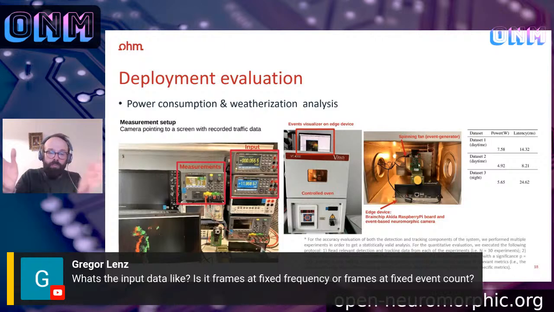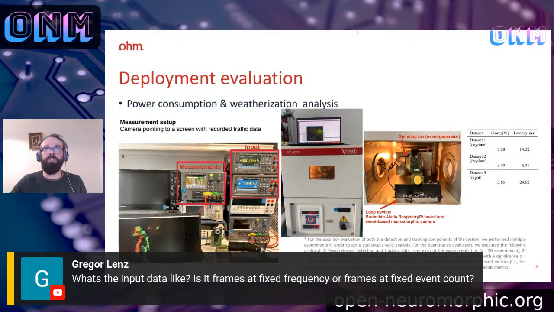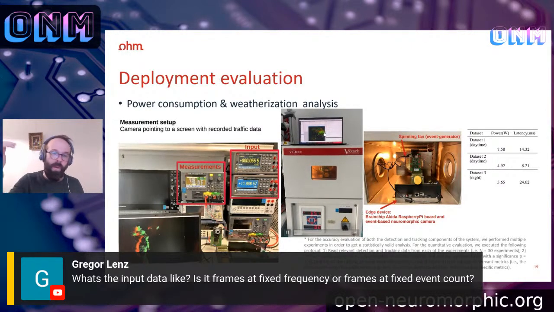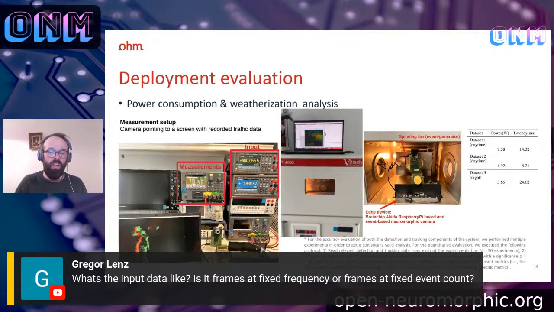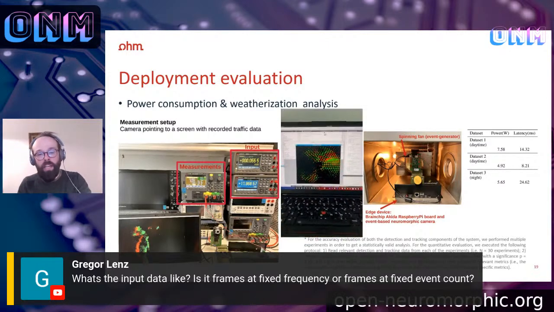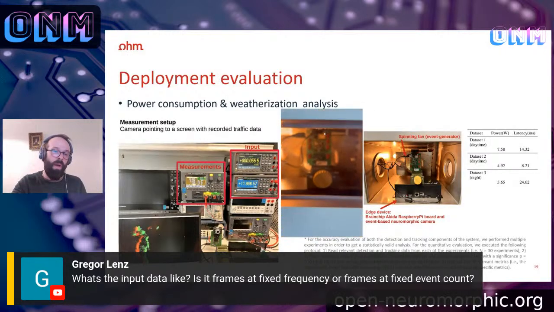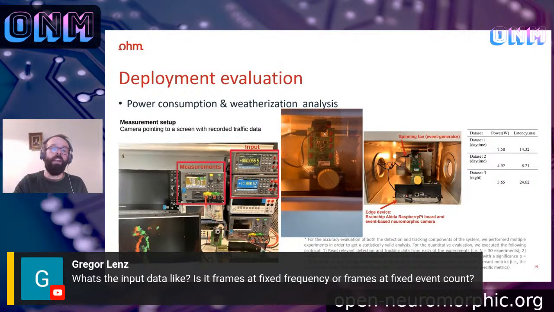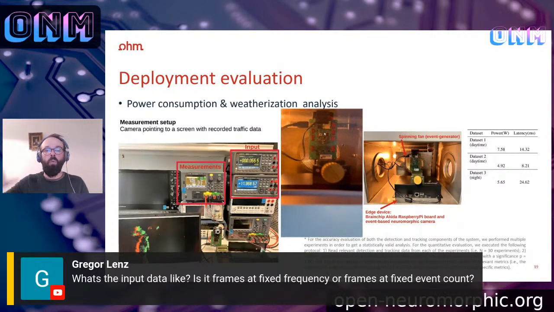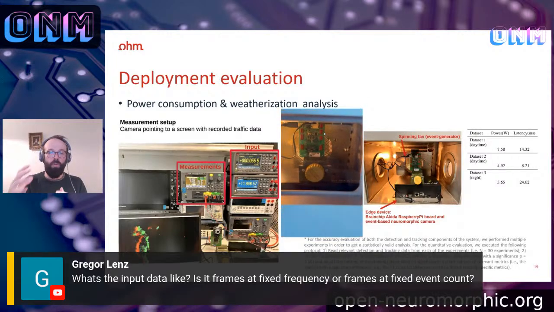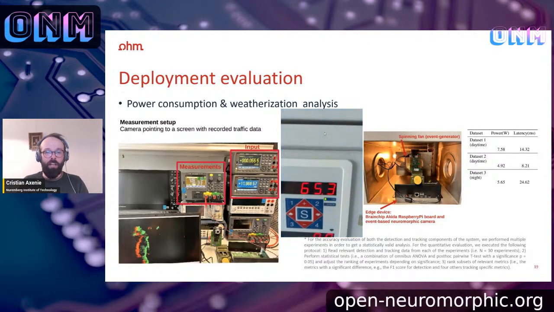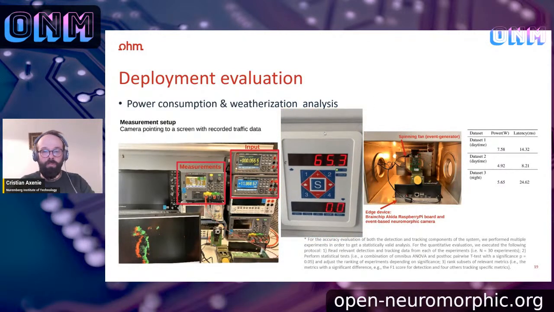Of course we cannot put a screen there and detect pedestrians, but we pointed it at a fan, and the cool part is that we were able to generate enough events to pass through the algorithms. I cannot talk about the performance of the algorithm, but both the spiking neural network-based detection and the expectation maximization-based tracking were fed with events, so the algorithms were actually running and drawing power.